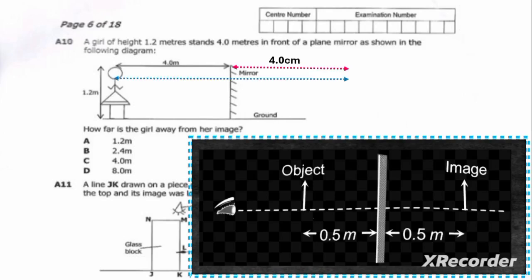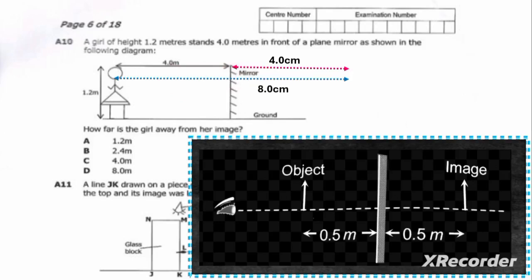So to find the distance between this girl and her image, we have simply said 4 plus 4 is equal to 8.